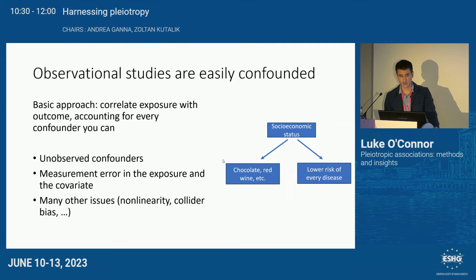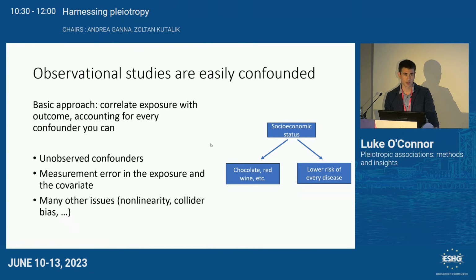The motivation is that observational studies are very easily confounded. This is probably something that everyone in this room understands. In an observational study, you basically correlate some exposure of interest with a health outcome, and you typically just try to account for every confounder that you can. So you ask people all sorts of things about where they live and their socioeconomic status and whether they smoke and all of these things.